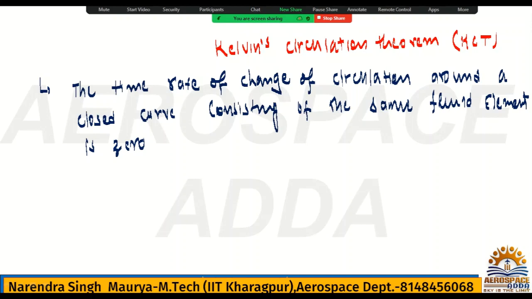The time rate of change of circulation around a closed curve consisting of the same fluid element is 0.